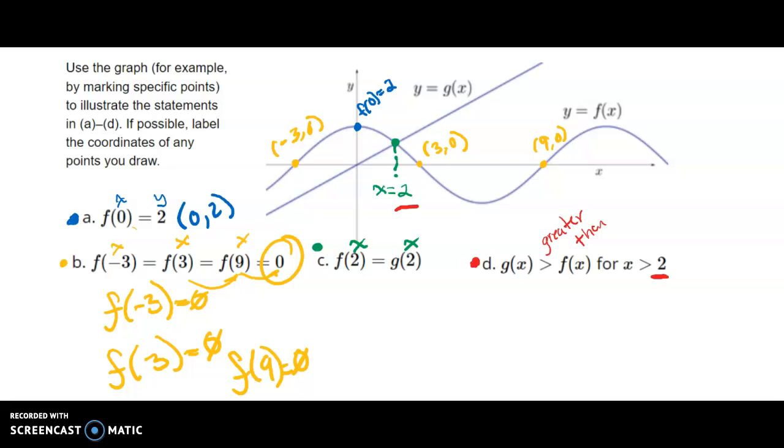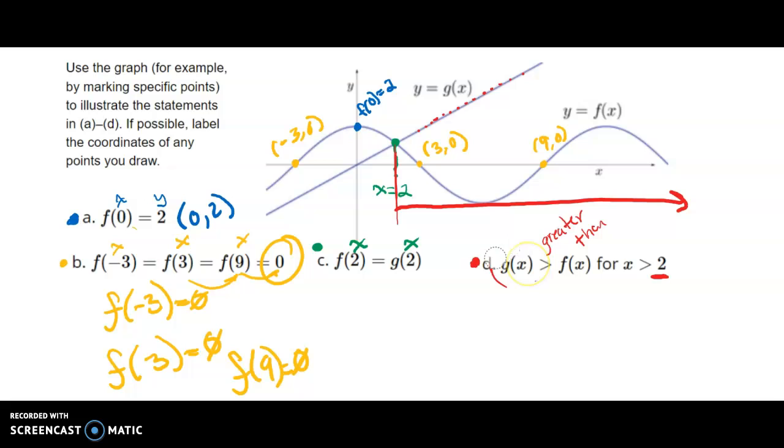So that means from this point on, it's saying that my function g of x is greater than f of x after this 2 right here. After when x equals 2. And is that 100% true? Absolutely. Look at this. All of these points right here are greater than my f of x.